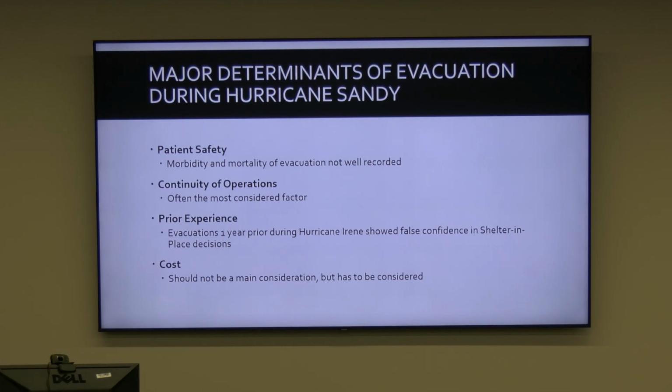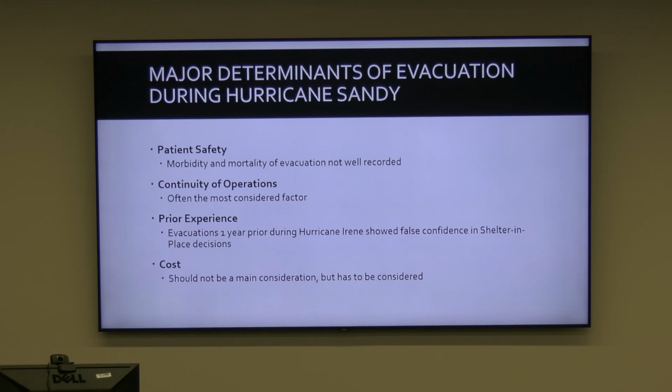It ended up not being as detrimental as originally predicted, and a lot of hospitals felt like they evacuated prematurely and unnecessarily. So a year later, when Hurricane Sandy hit, they felt confident that shelter in place would be a better decision than early evacuation.